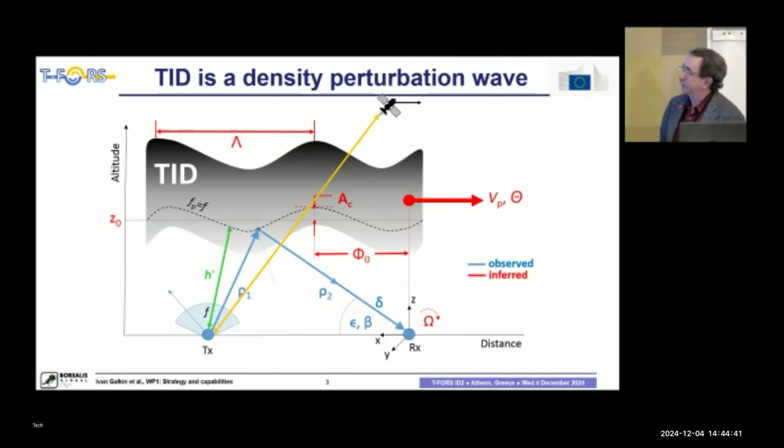Which means what? If you are looking at it from the bottom, like with vertical sounding, we should see that HMF2, the height of reflections, is varying up and down, which is correct.